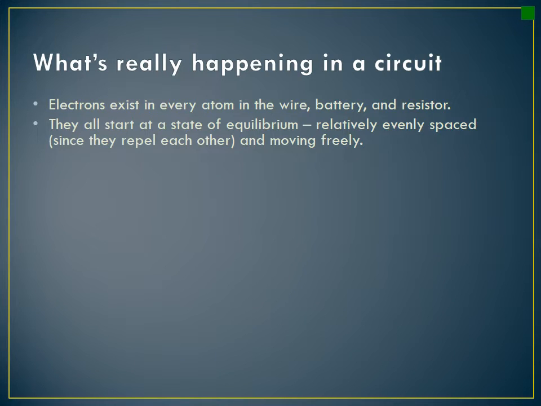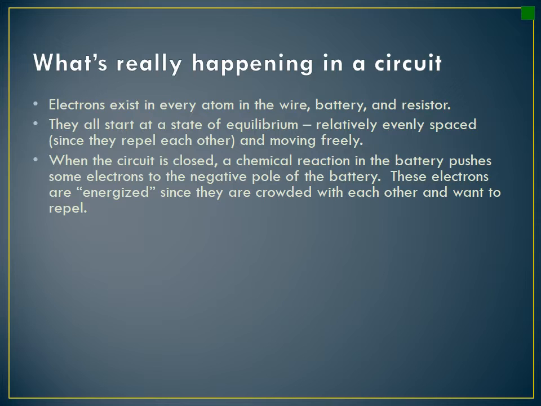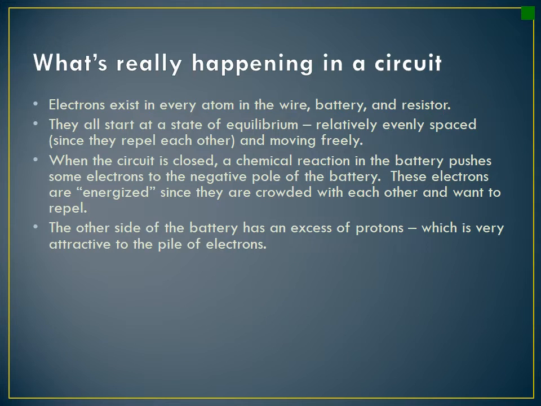Now, when you close the circuit, one of the battery's sides has an excess of electrons, and the other side has an excess of protons. And the electrons in the circuit are going to be drawn towards the proton end of the battery, which is positive, and they're going to be pushed away from the electron end of the battery, which is negative.